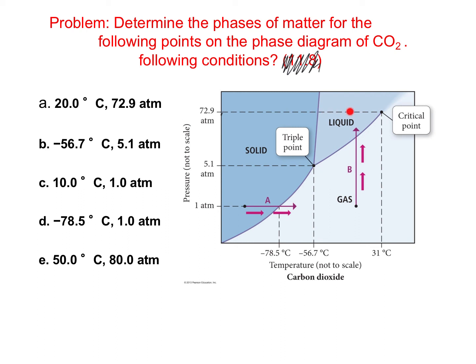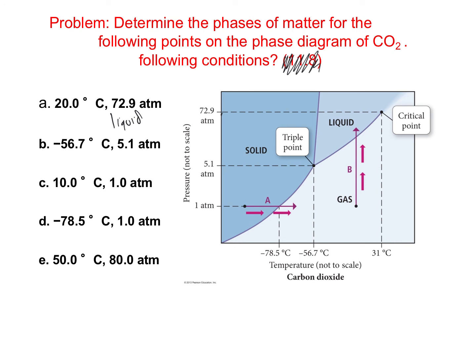So 20 degrees Celsius is going to be somewhere in here. And so at 20 degrees Celsius and 72.9 atmospheres, carbon dioxide would be a liquid. We know at atmospheric pressure, carbon dioxide would be a gas, but atmospheric pressure is about 1 atmosphere, so we've got to increase the pressure quite a bit to get it to be a liquid at that temperature.